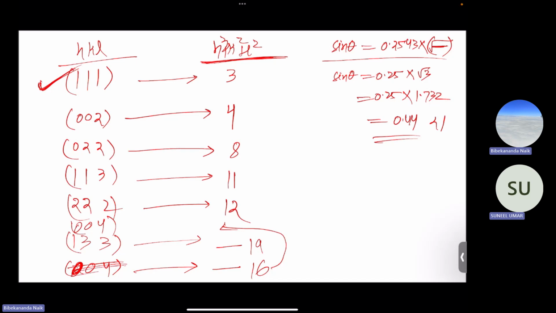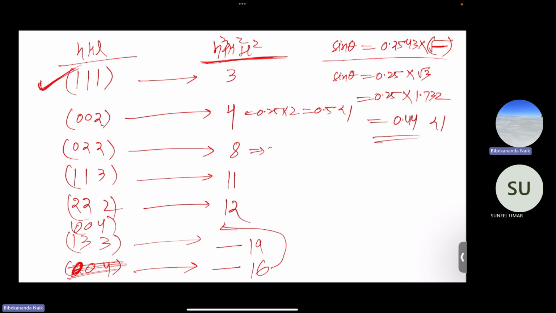Now, corresponding to these values, we will calculate the value of sine theta. For the first case, we calculated 0.25 into root 3. So this was 0.44, which is less than 1. For root 4, 0.25 into 2, that is 0.5, which is again less than 1.